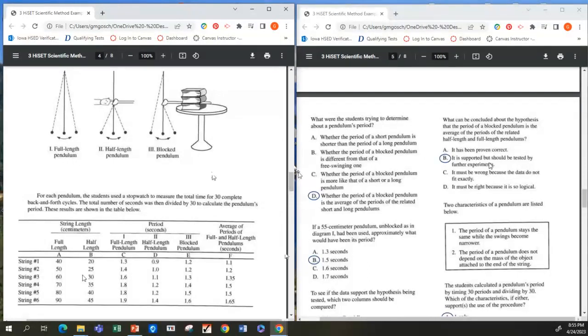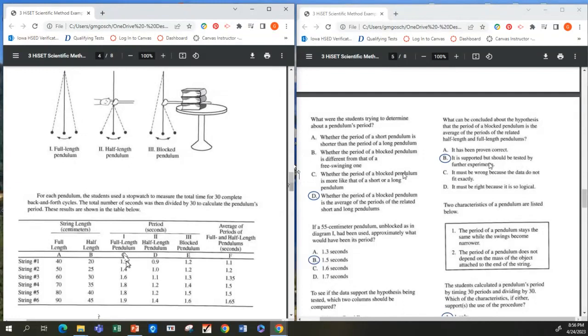Then they organized their data here. So we have 6 different string lengths, full lengths, and half lengths. Our middle 3 columns are that time that it took to go one full swing across and back.